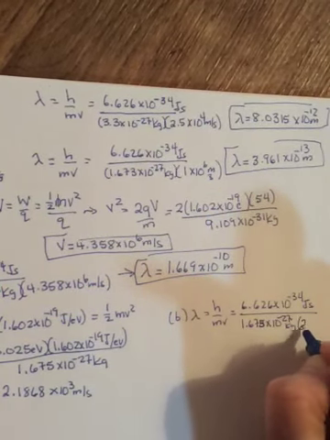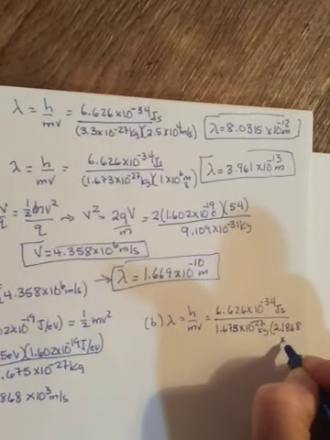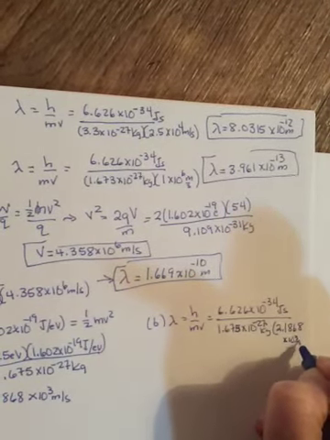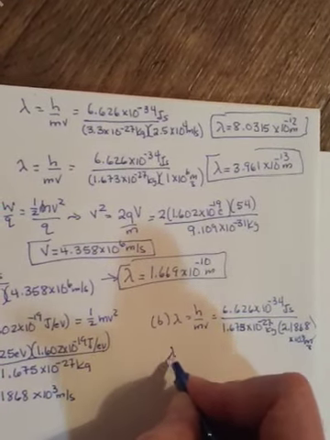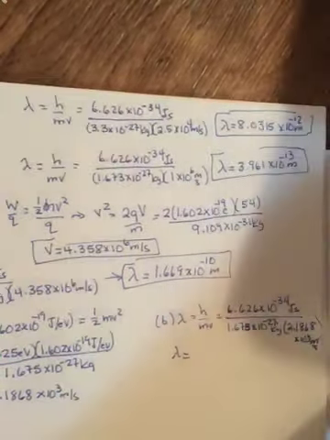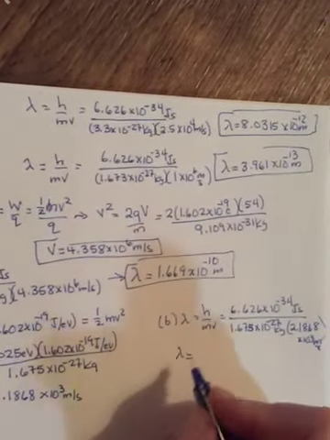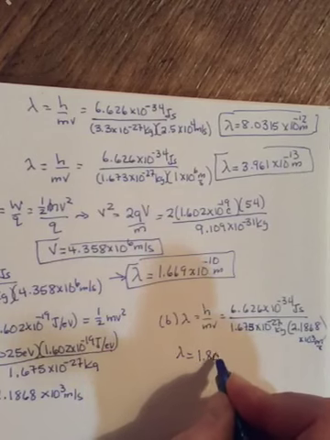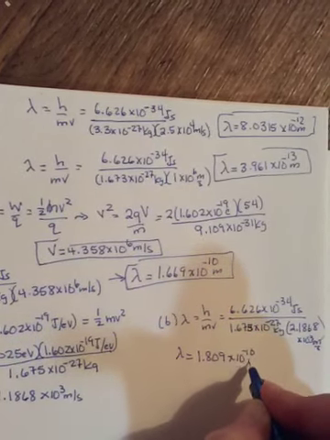And our speed is 2.1868 times 10 to the third meters per second. Okay, punch all of that into your calculator, and you should get 1.809 times 10 to the negative 10 meters.